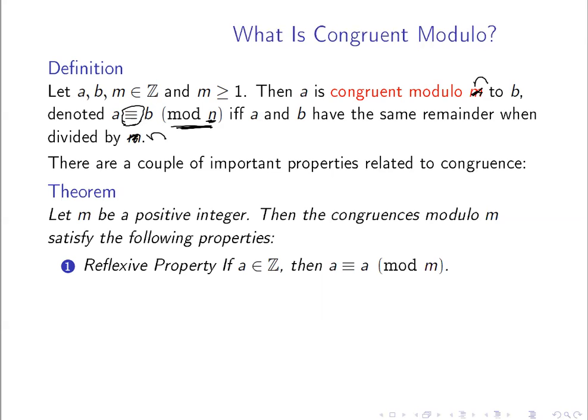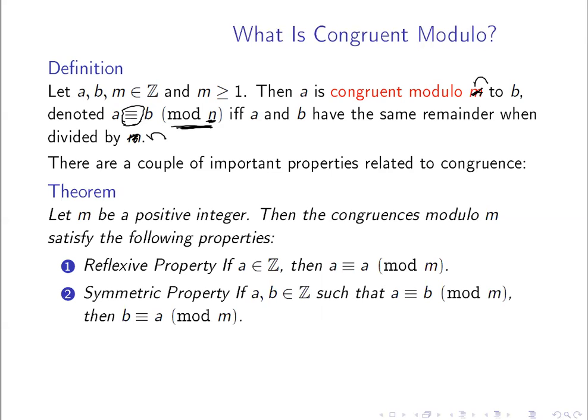The reflexive property: if A is any integer, then A is congruent to itself, mod n. And that should be like a duh. The symmetric property is that if A is congruent to B mod n, then B is congruent to A mod n, meaning they're both congruent to one another.